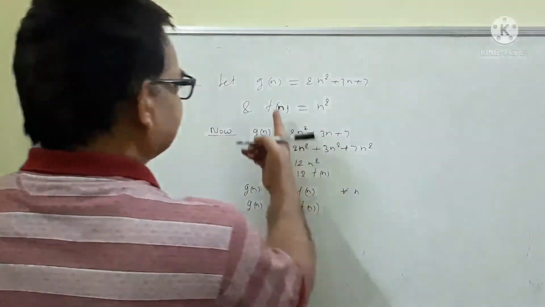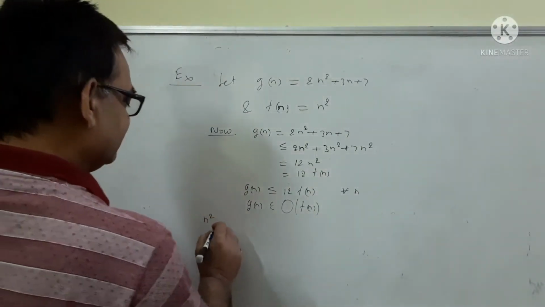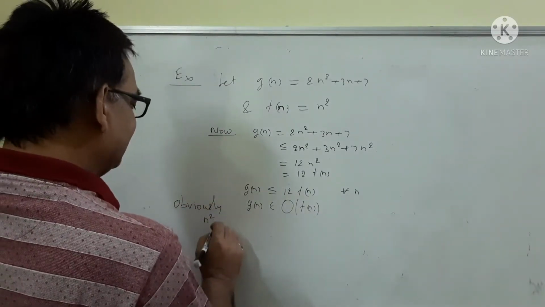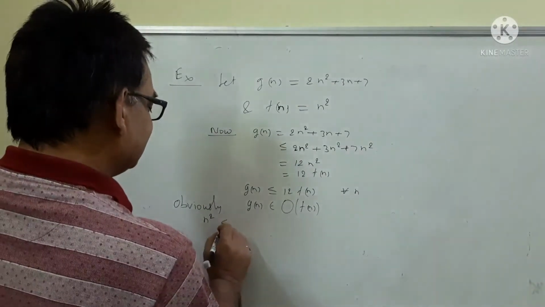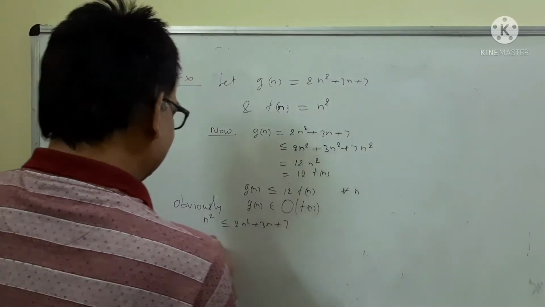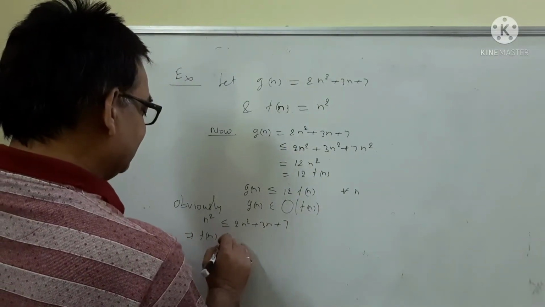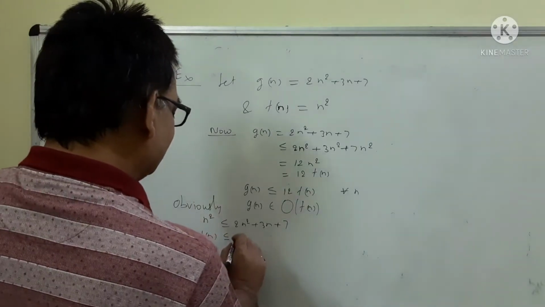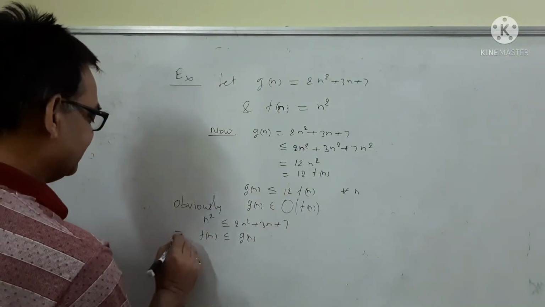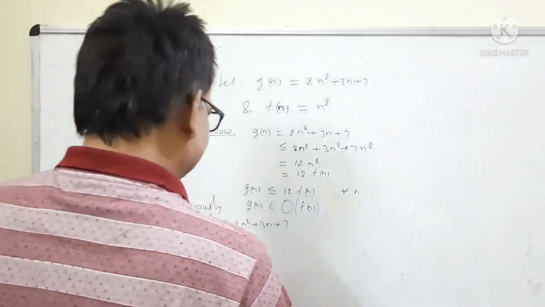Now, just by seeing, obviously, n square is less than or equal to 2n square plus 3n plus 7, which implies Fn is less than or equal to Gn. So let us write here the constant C is equal to 1. 1 times Fn is less than or equal to Gn.